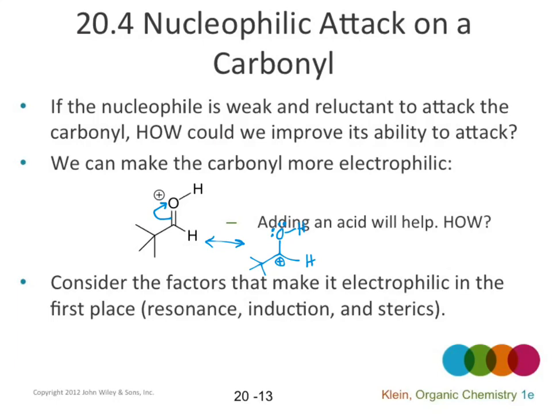Inductively stabilize the positive charge on our carbonyl. Okay? Our carbons are actually giving a little bit of electron density up to that carbonyl to help stabilize it. The hydrogen doesn't have that ability, so we get a steric effect and an inductive effect. If we push to resonance, what functional group gives us resonance stabilization of our electrophile?